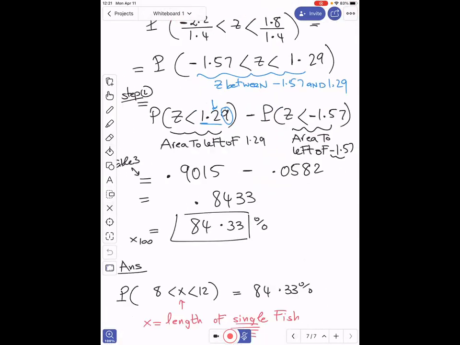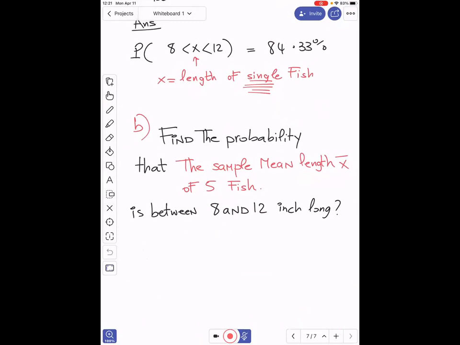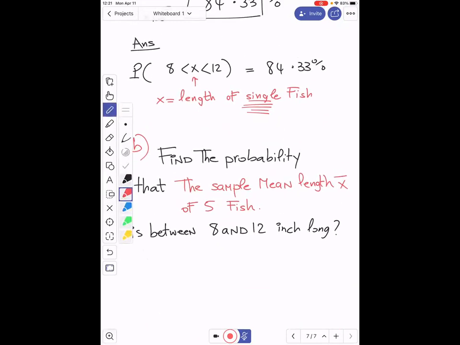Now what we are asking for is the probability that the sample mean length X bar of 5 fish is between 8 and 12 inches long. Here we take a sample of 5 fish, we measure their length, and then we take the mean.